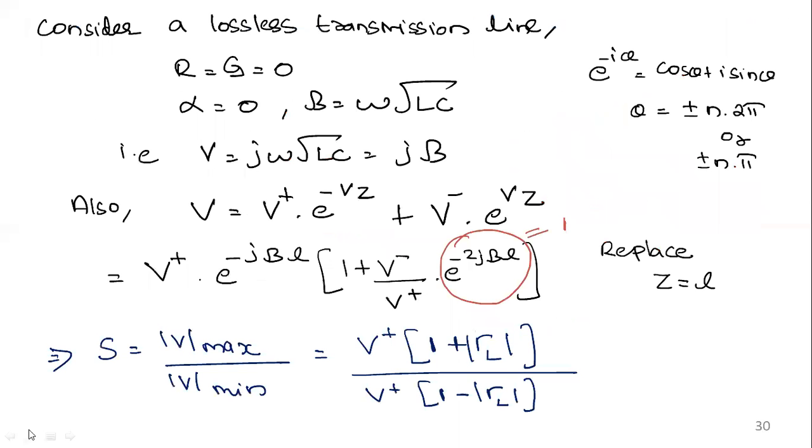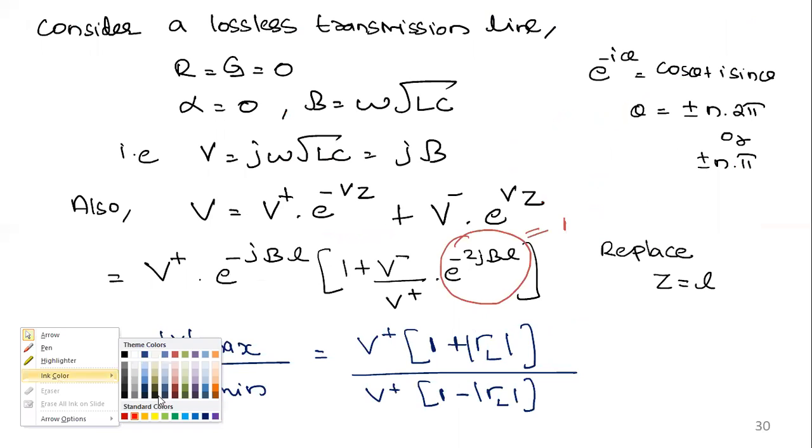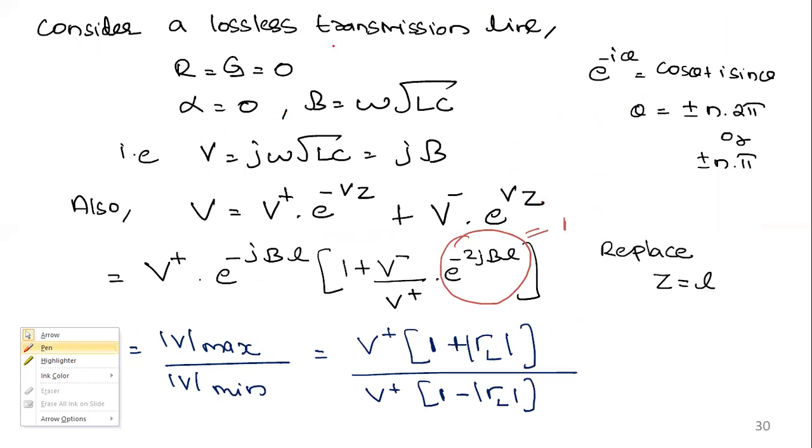Then if we consider loss, because mostly we consider a lossless transmission line. You know the properties for a lossless transmission line: R is equal to 0, G is equal to 0, then alpha is equal to 0, beta is equal to omega root LC. This we have already seen in the earlier lectures, lecture numbers 44, 45 and 46, which you should watch.